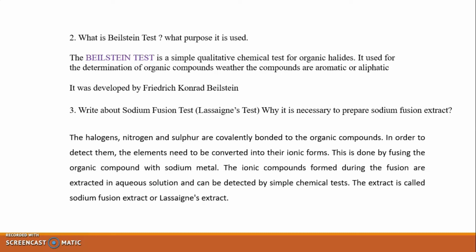This is done by fusing the organic compound with sodium metal. The ionic compounds formed during this fusion are extracted in aqueous solution and can be detected by simple chemical tests, and this extract is called sodium fusion extract or Lassaigne's extract.